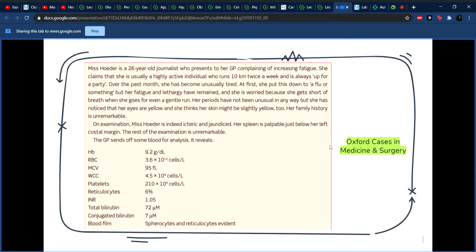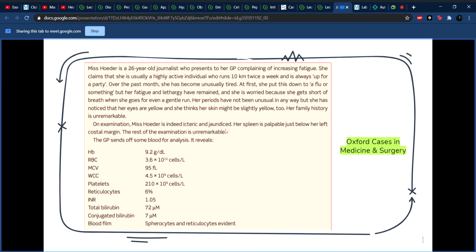What else do we want to ask the patient? Past medical history, yes. What do we want to ask about the past medical history? Any medical problem, any anemia before, any hepatitis.